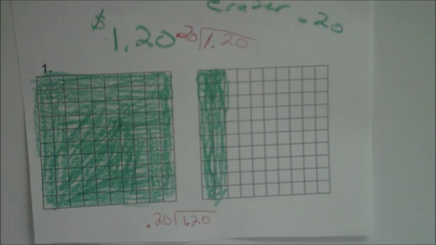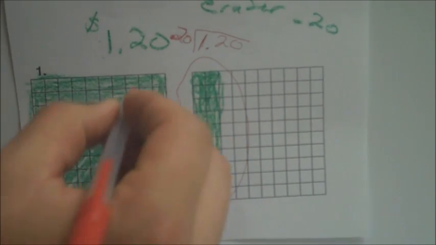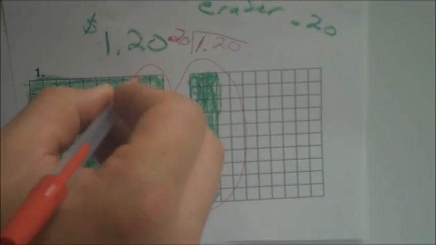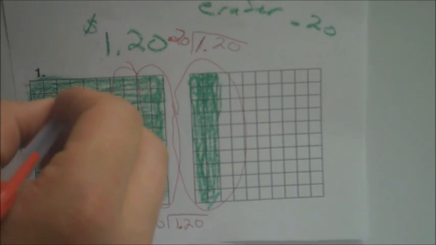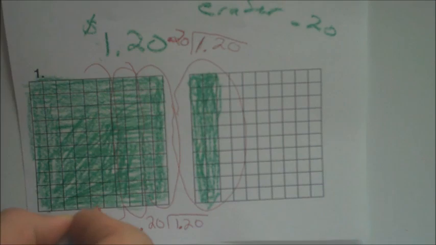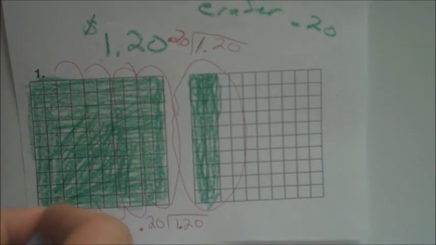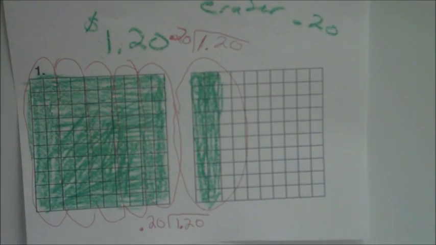Well, on a decimal grid, all we have to do is go through and circle how many columns of 2 we can make, right? So there's 1, there's a column of 2, that's 2, then we'll have 3, 4, 5, 6.